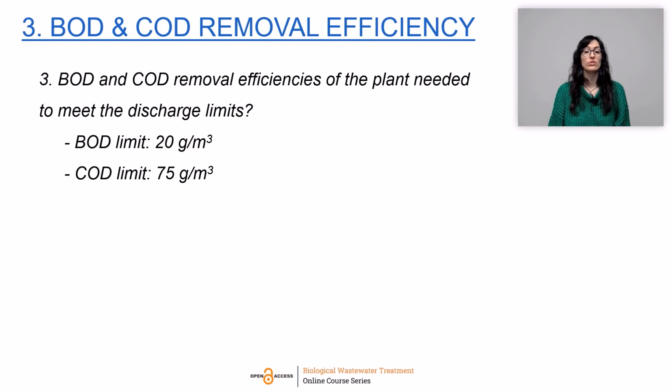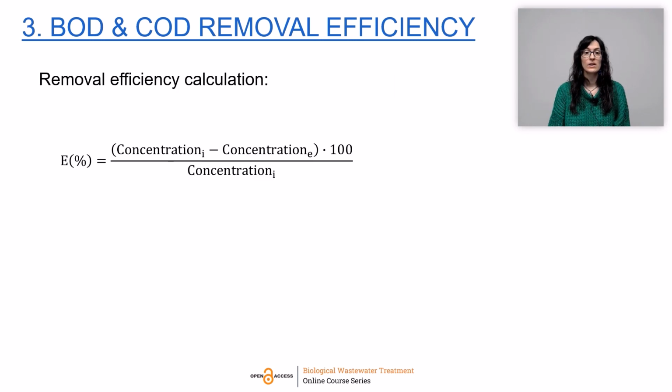Now we have to calculate the BOD and COD removal efficiencies that are needed to comply with the effluent requirements of the plant, given in this case as BOD and COD concentrations. The first thing that we need to do is to know how we can calculate the removal efficiencies.